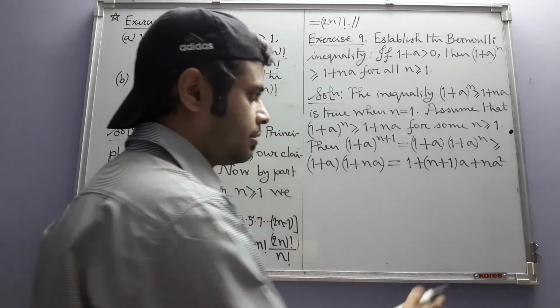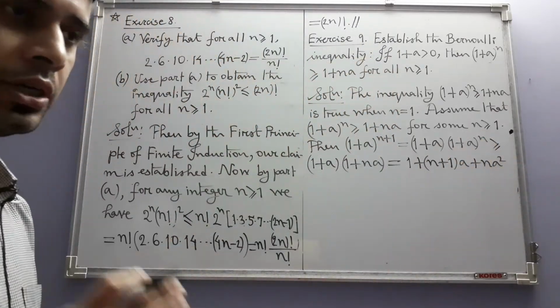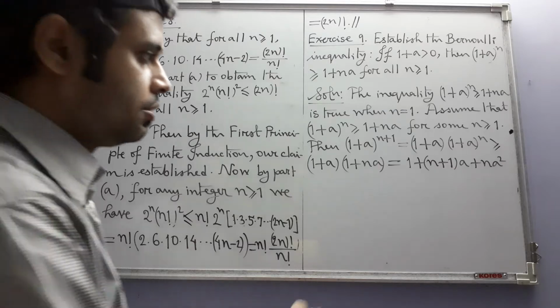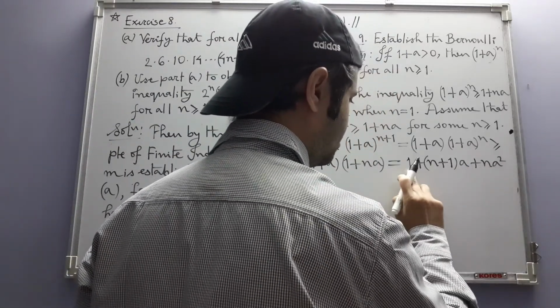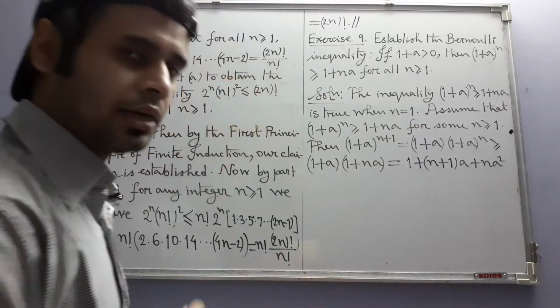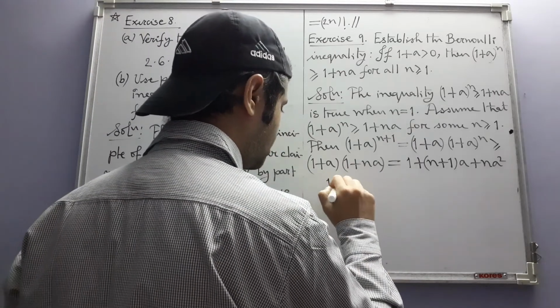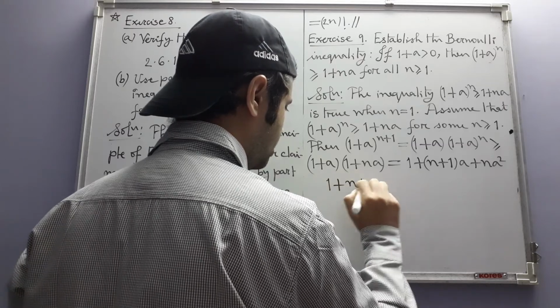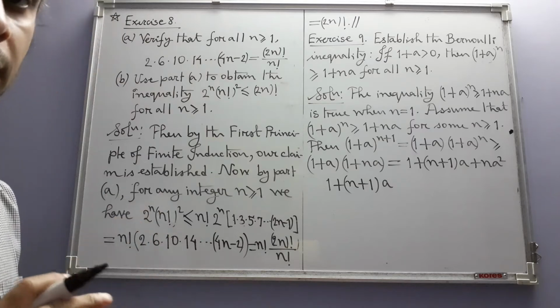The thing is that n a square itself is a non-negative real number which has been added with 1 plus n plus 1 times a. So if we write simply 1 plus n plus 1 times a, then we are possibly writing less.